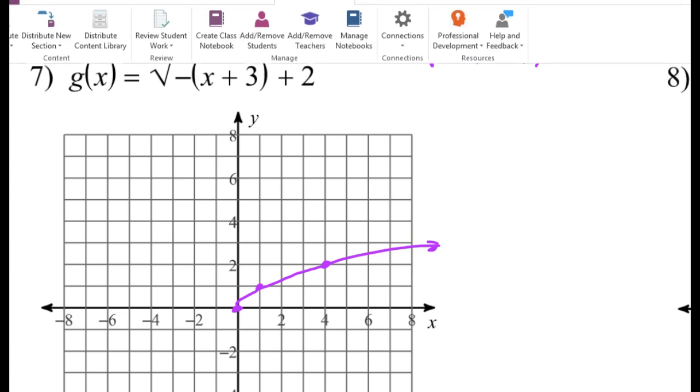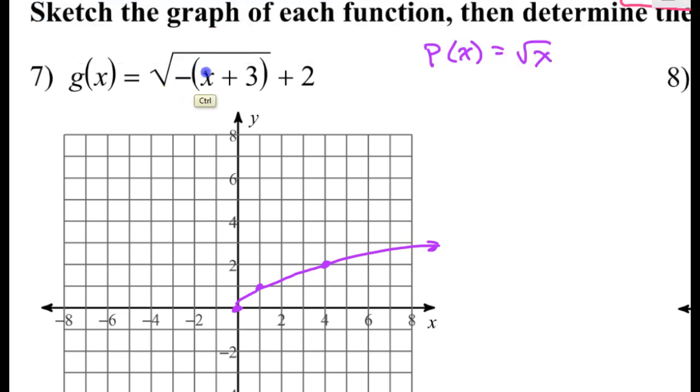Alright, so now let's talk about the transformations that happened. Because of the plus 3, this is left 3. And because of the plus 2, this is up 2. So I know that this is going to be left 3 and up 2. Alright, that's this point right here. I also know that because of this negative sign, there's going to be a reflection over the y-axis.